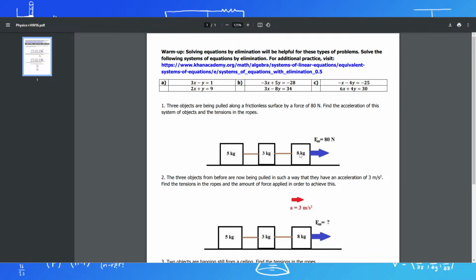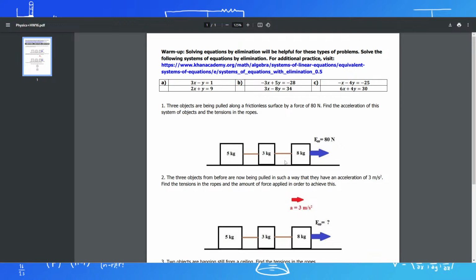Essentially, what you have is, so we already did situations where you have two objects requiring two force diagrams. Now you have three objects requiring three force diagrams, and for each rope you're going to have, I would assume, different tensions. Different ropes, I would expect different tensions in them.